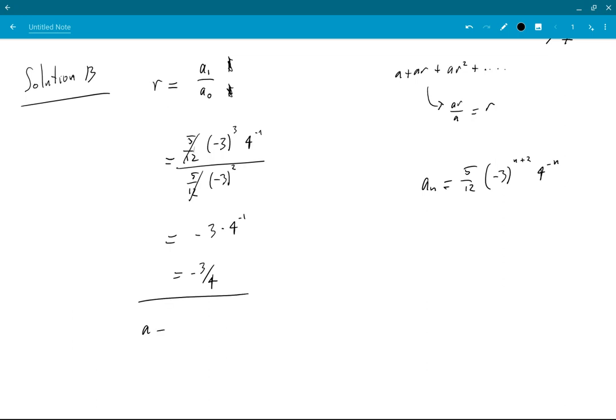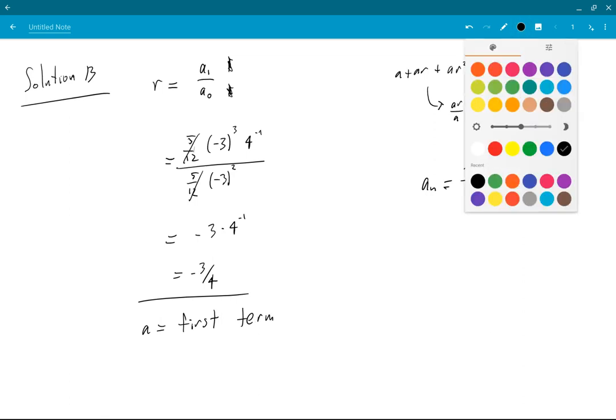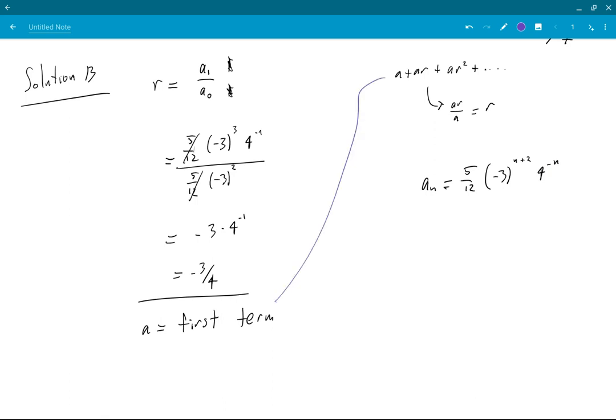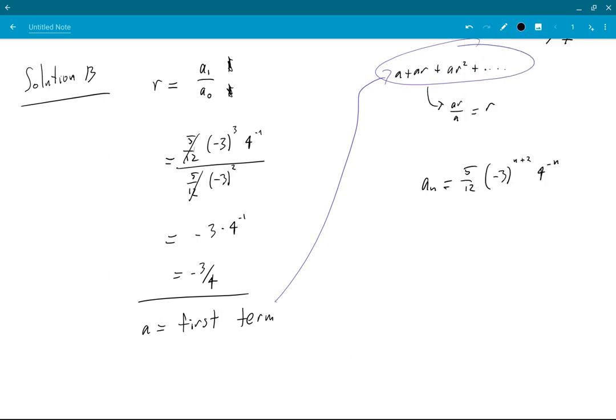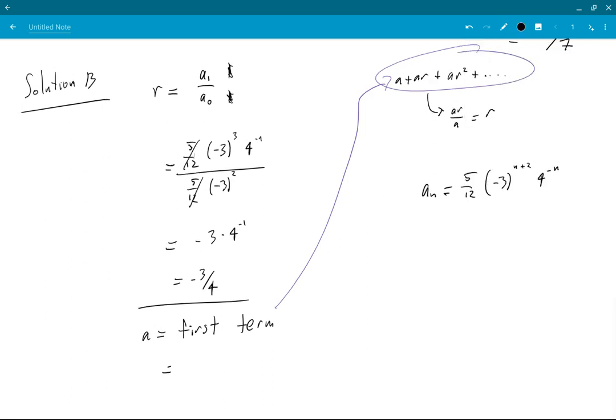And then a is equal to the first term. Why do I have two r's? First term, because this is my geometric series in purple over here. First term is a. So the first term, in our case, is a_0, which I was working with above.